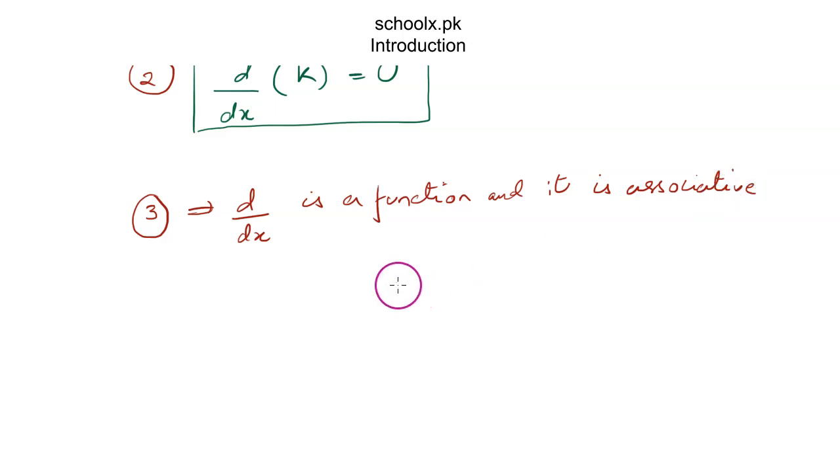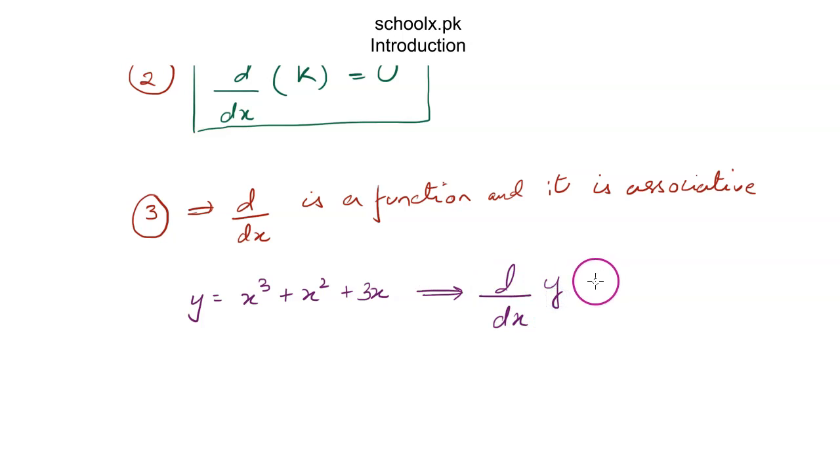For example, if I had y equals x cube plus x square plus 3x, and I were to find the rate of change of y with respect to x, or d by dx of y, I'll apply d by dx on x cube, plus d by dx on x square, plus d by dx on 3x, right?